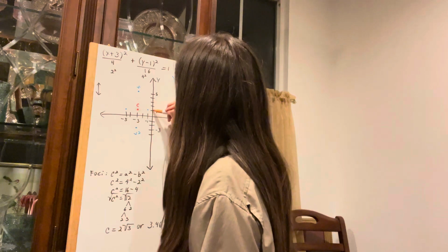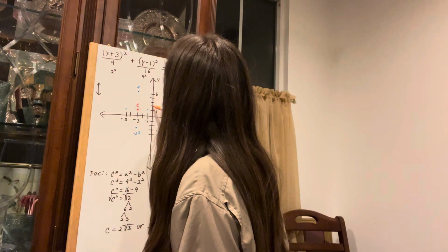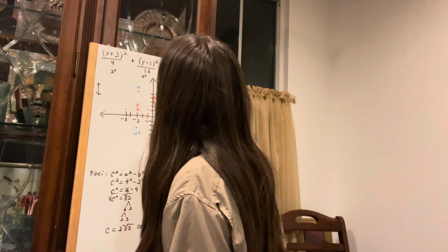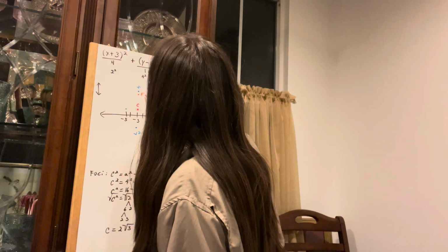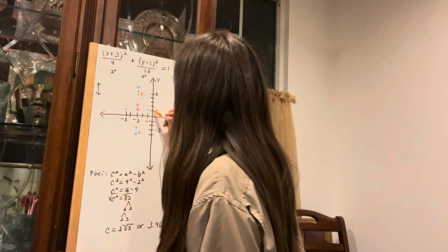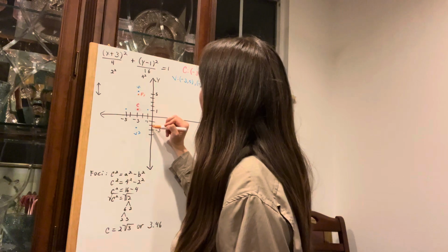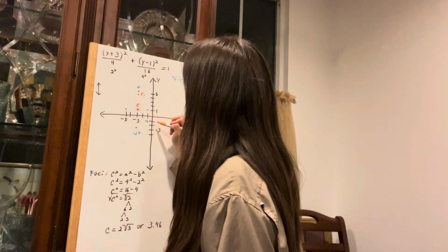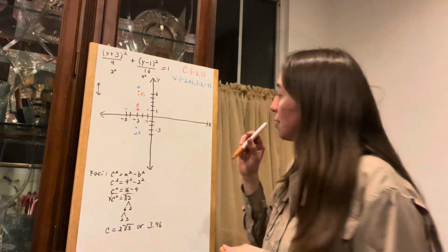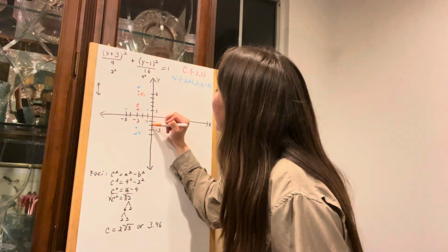So let's do, just to count, 1, 2, 3, wait, I'm off. 1, 2, 3.4. This is going to be foci 1, and then 1, 2, 3, and then we're going to do slightly, wait a second, did I do this right? No, I didn't.